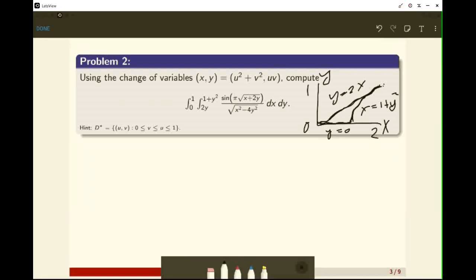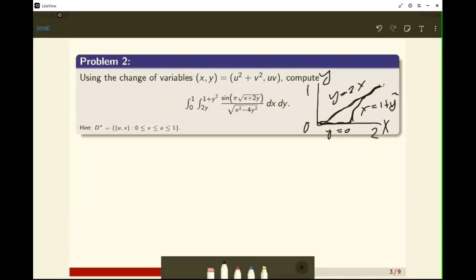And with these three curves, we want to think about curves in UV that are going to give us the same thing. A little bit of guesswork can go a long way.